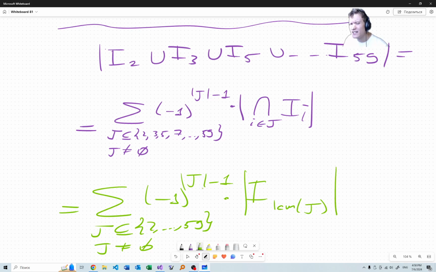And since all numbers in J are just different primes, then instead of LCM, we can write here the product of them. Product of J.